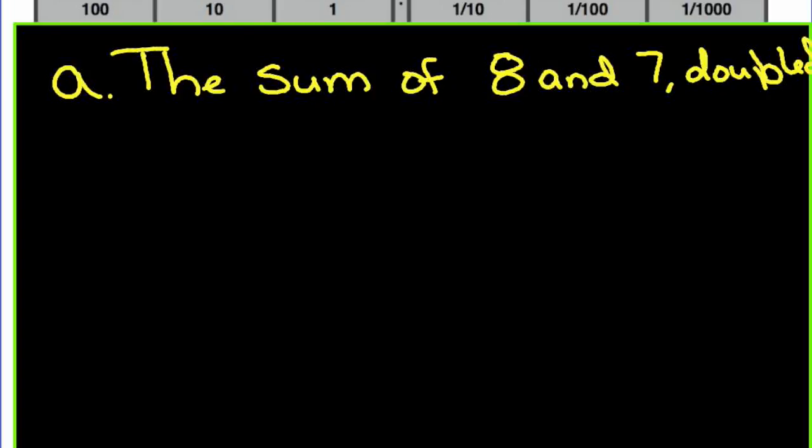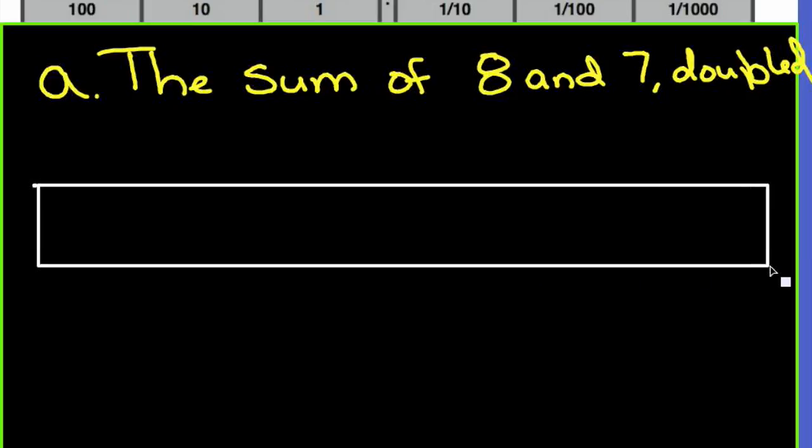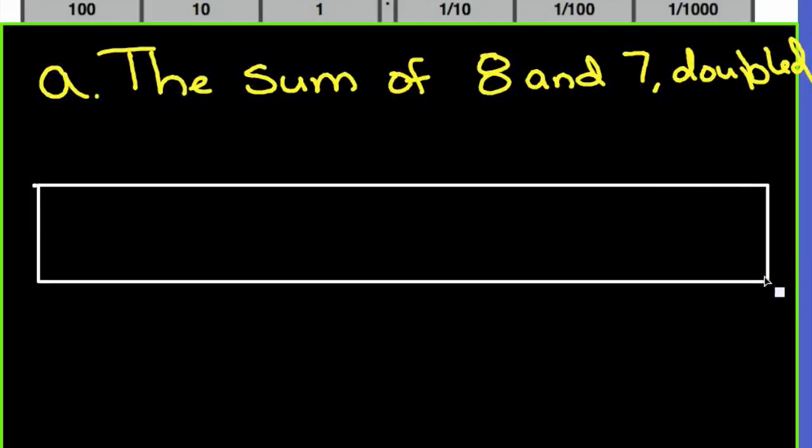So what do we already know? What numbers are we dealing with? Adding 8 and 7, because the sum equals addition, so we're adding 8 and 7, and whatever that answer is, we're going to times it by 2. Okay, so we do the tape diagram.